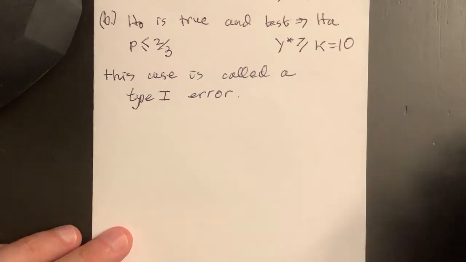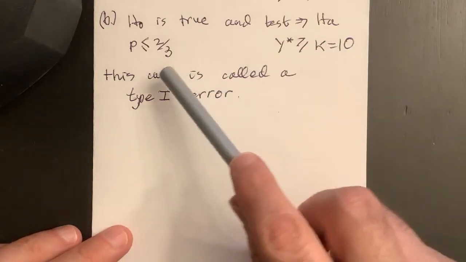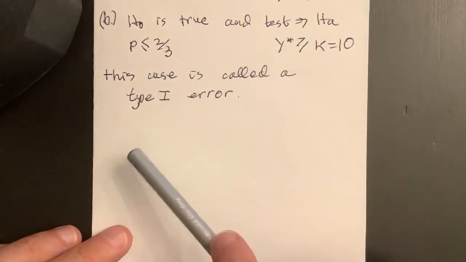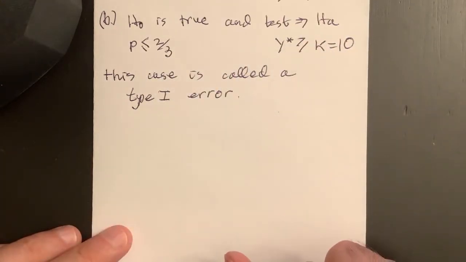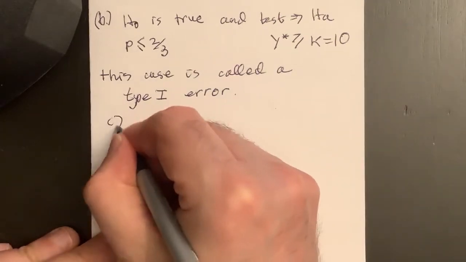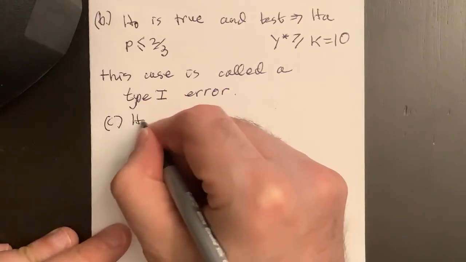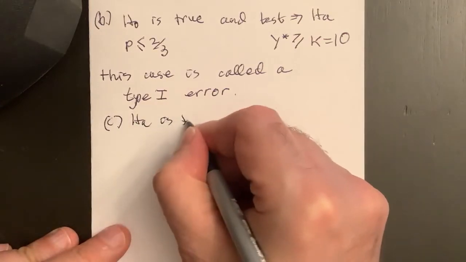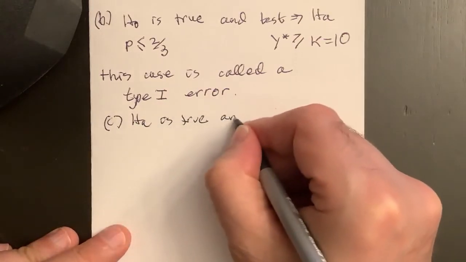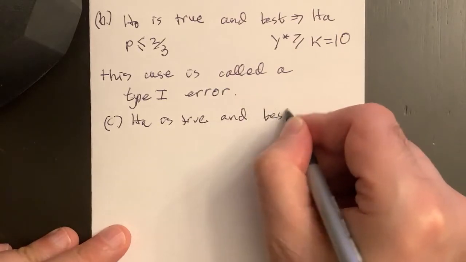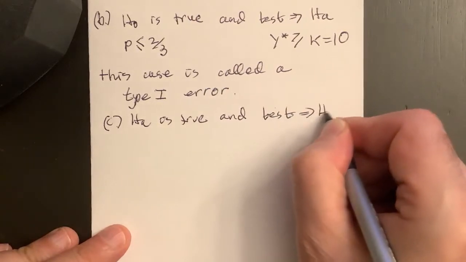Can it happen? Yes. P could be a half, and you could still find 10 or even all 12 of the people you picked could report that they would vote for A. C: HA is true, and the test concludes HA.